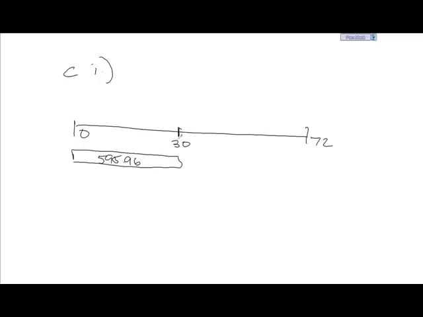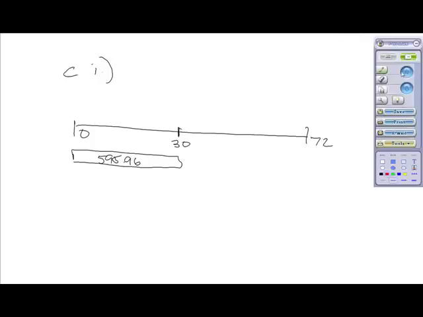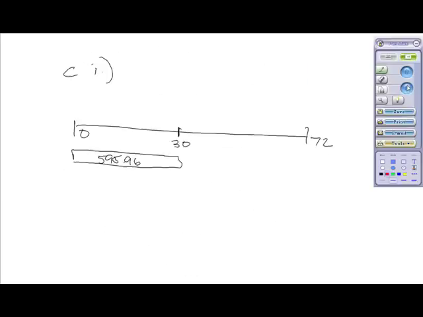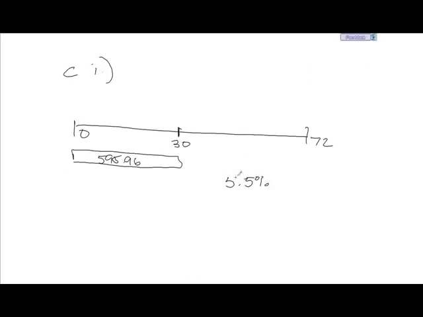So even though you refinance after 30 months, initially they don't know that, neither do you, or at least you don't tell them, and you basically get a payment calculated as if you were going to be going for the full 72 months. But now what happens is you find this lower rate, you're able to refinance, and for the remaining 42 months, you're at 5.5%.